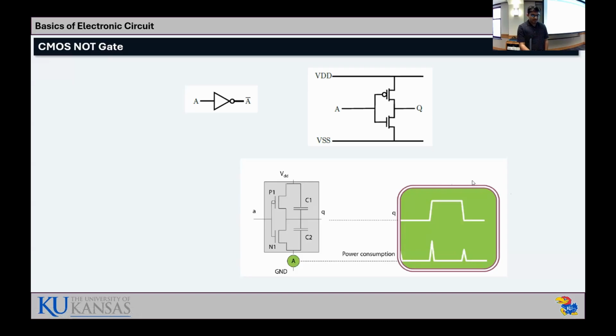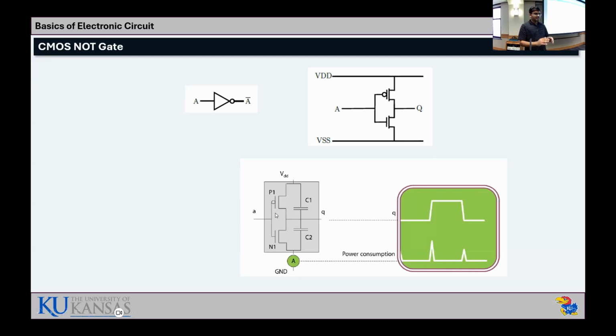Suppose when you are going from 0 to 1, some of your transistors are switching, right? So you'll get a power spike. And also when you are going from 1 to 0, some of your transistors are switching and you are getting a power spike. So here we have two transistors.